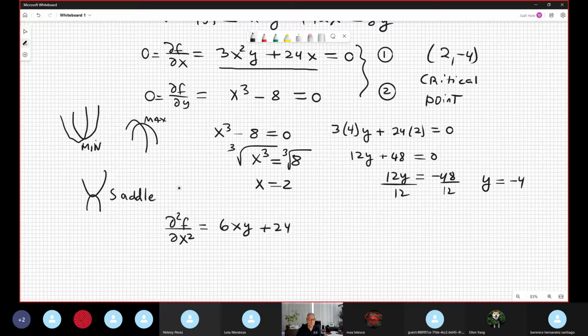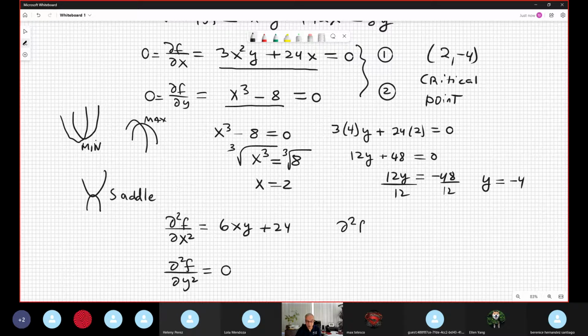Done. Now you differentiate with respect to y, second derivative. It is 0, because this expression does not depend on y. Nice, I like that. 0 is good, it simplifies our problem.